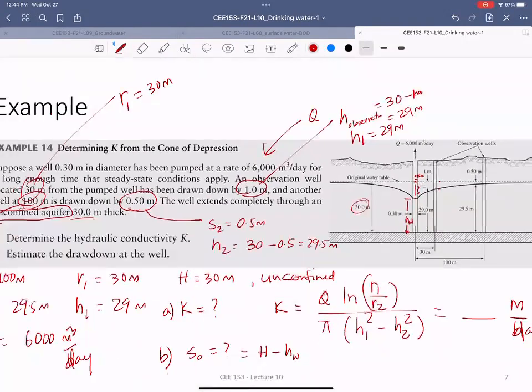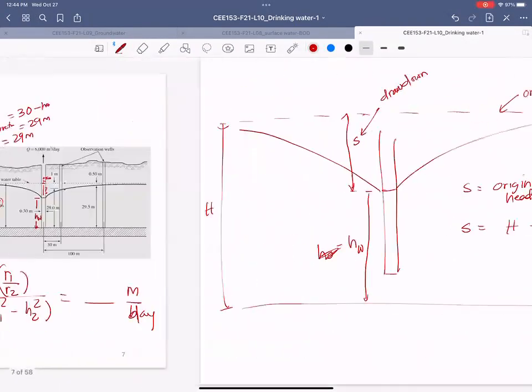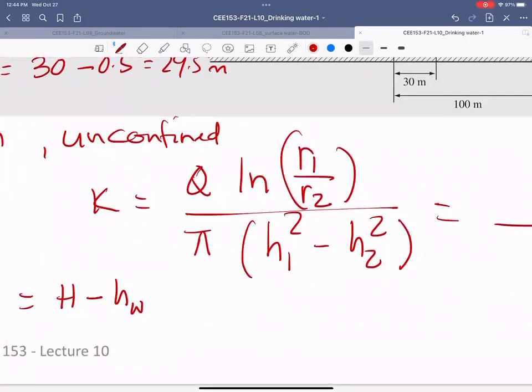So let's write these equations. I'm going to write it here. You know what the K value is. If I plug this value here, Q, R well by R, let's say 2. All I'm doing is replacing one of the radii with the radius of the well.